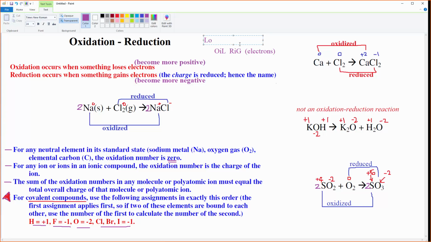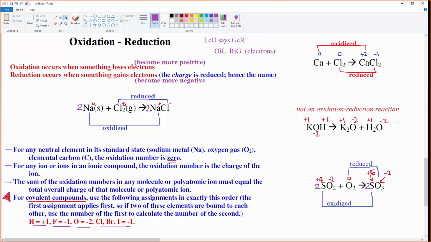This at least maintains that electrons thing in there. But however you memorize it, pick one that works for you and stick to it.